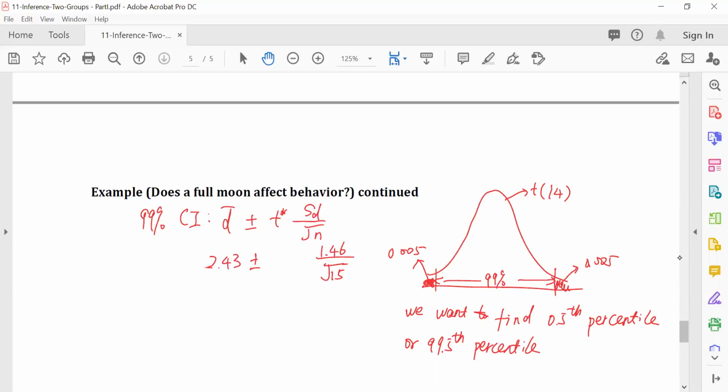Using the table or StatCrunch, we have 2.98. So this t value here is 2.98.